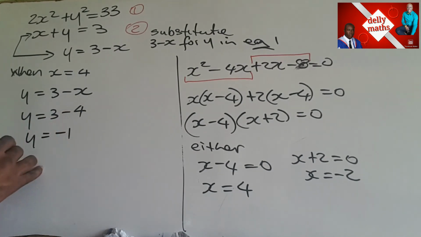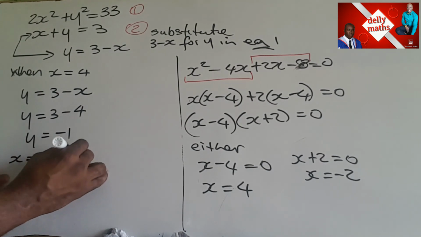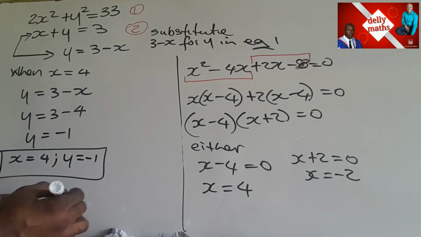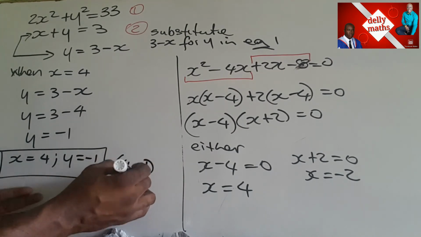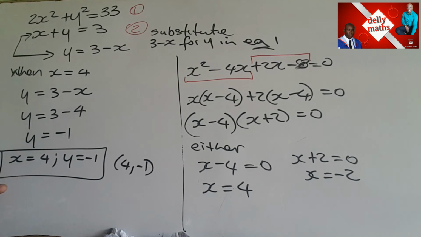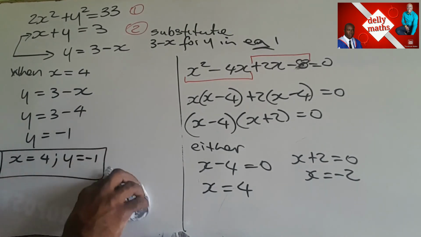What does this mean? Conclusion: when x is equal to 4, y is equal to negative 1. Understand? What it means is that these were coordinates for the things that I was showing you earlier on. That was one of the coordinates. So that's how we're putting it.